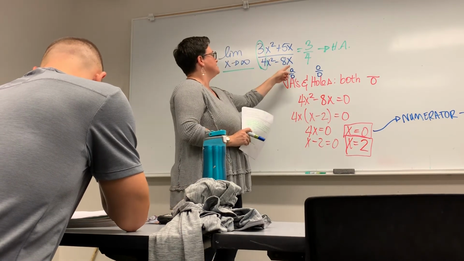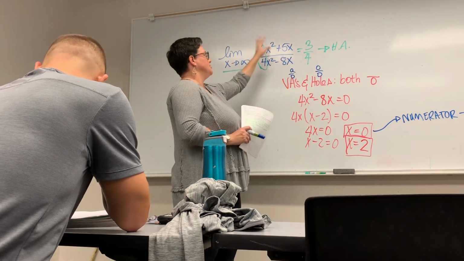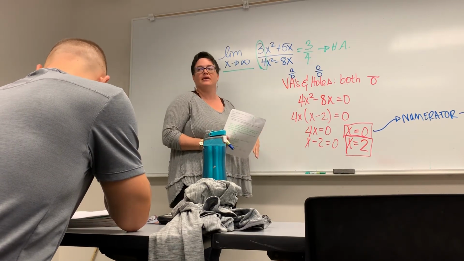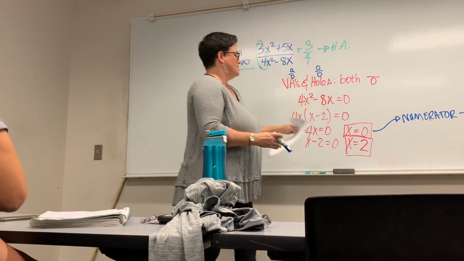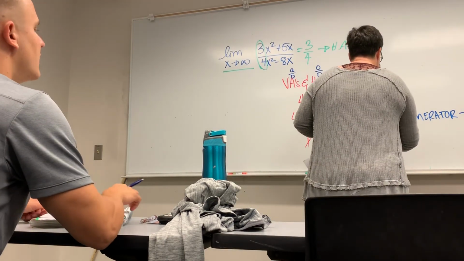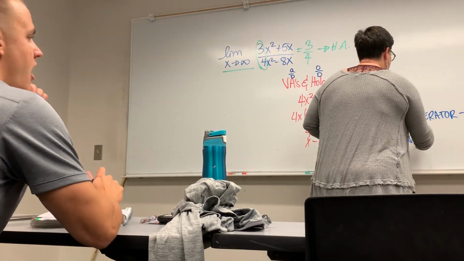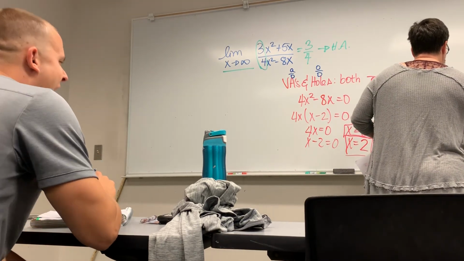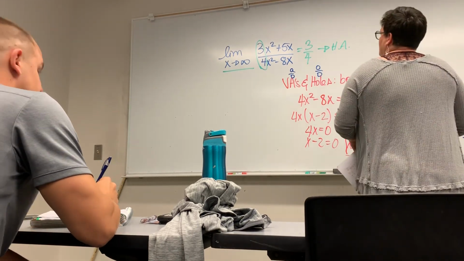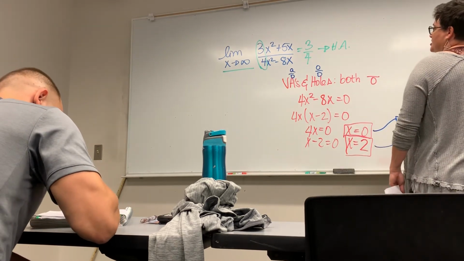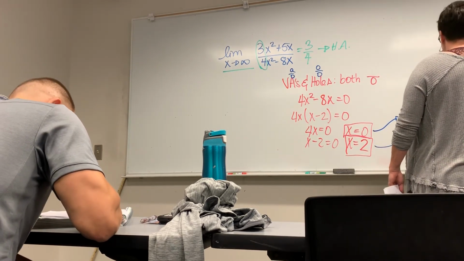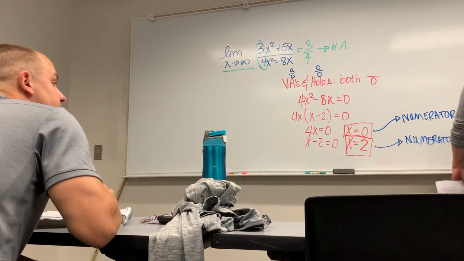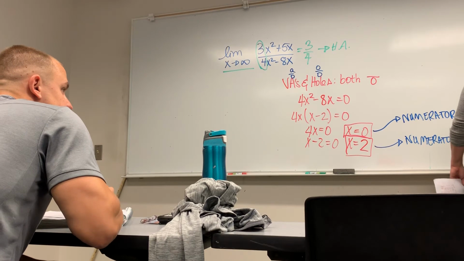If you plug x equal to 0, every term contains an x in it, so every term is going to go to 0. That gives you 0 over 0, right? So now we plug x equals 2 into the numerator, and what does the numerator go to? Let's see, 2 times 2 is 4, times 3 is 12, plus 10 is 22. So x equals 2 is a vertical asymptote.